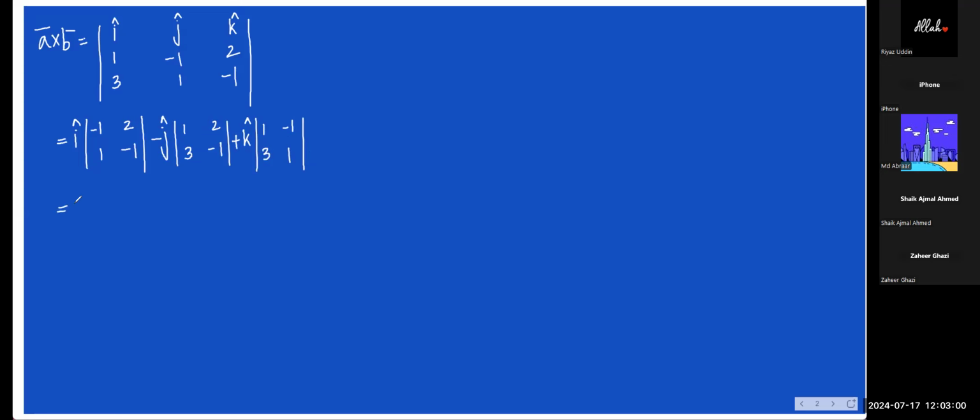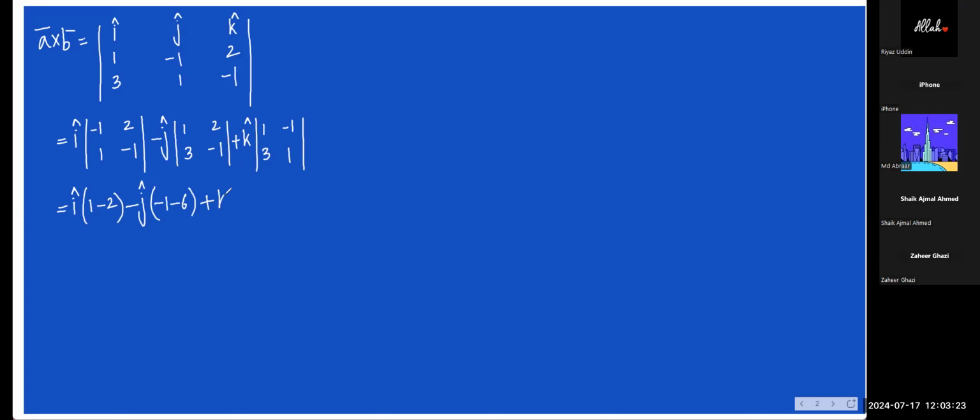Now look at I: AD minus BC, the determinant of a 2 by 2 matrix, is 1 minus 2, minus 1. Minus j cap: 1 into minus 1 is minus 1, minus 3, that is minus 4, AD minus BC.